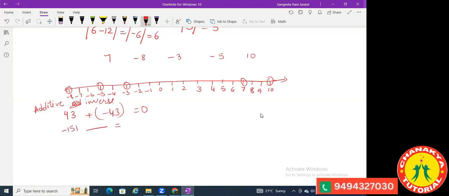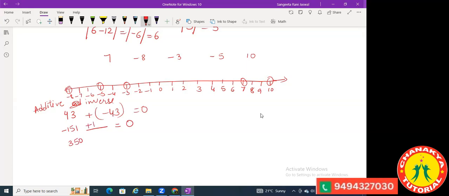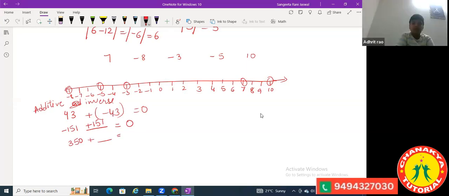Afan, you tell me the additive inverse of minus 151. Plus 151. Great. Adrit, you tell me the additive inverse.